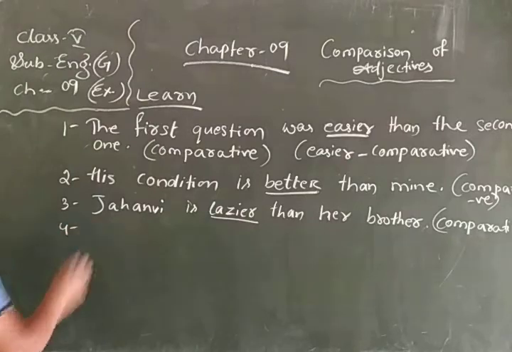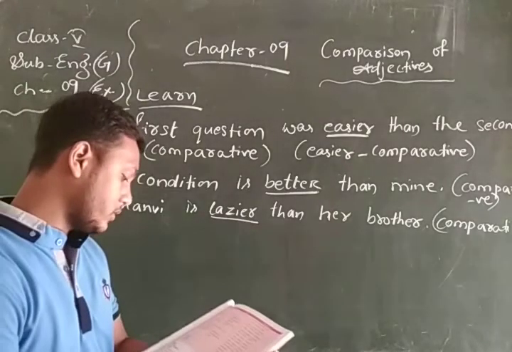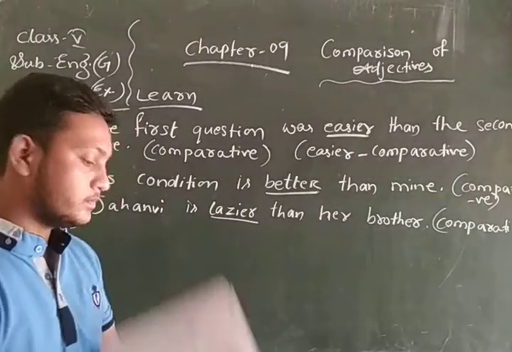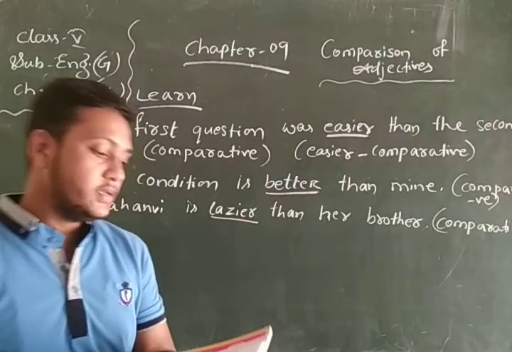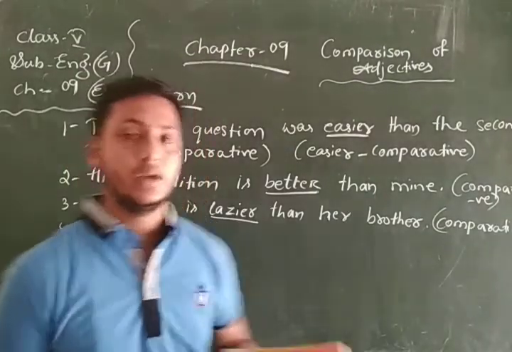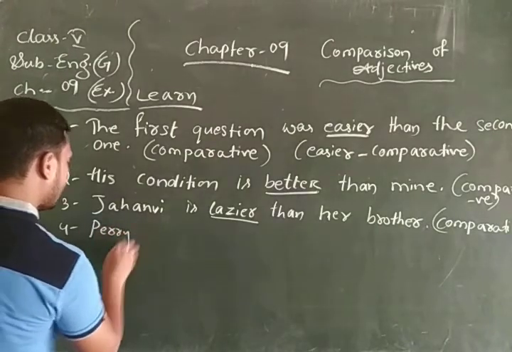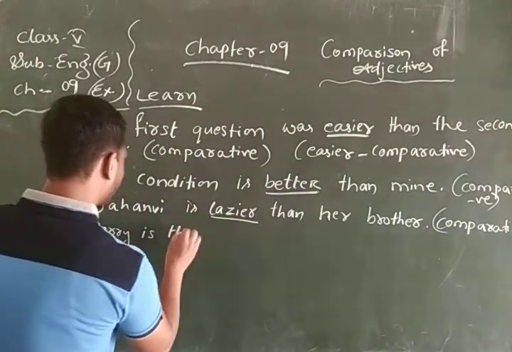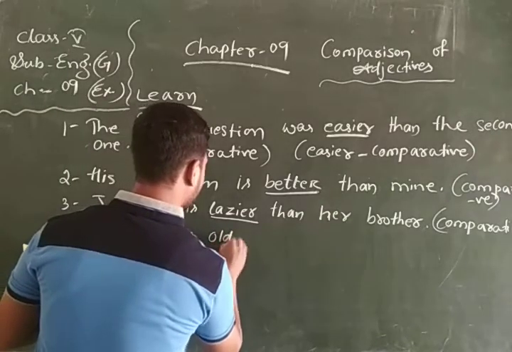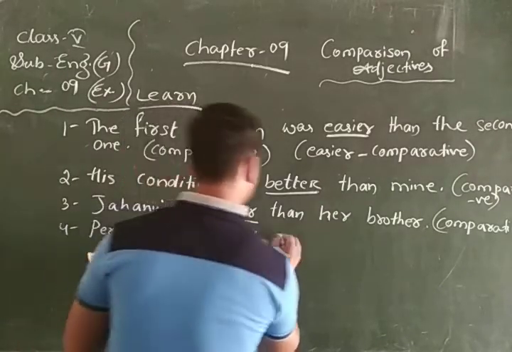Then number 4, Perry is the oldest student in the class.